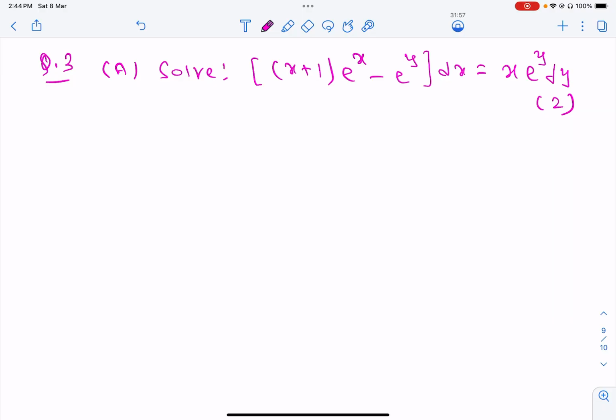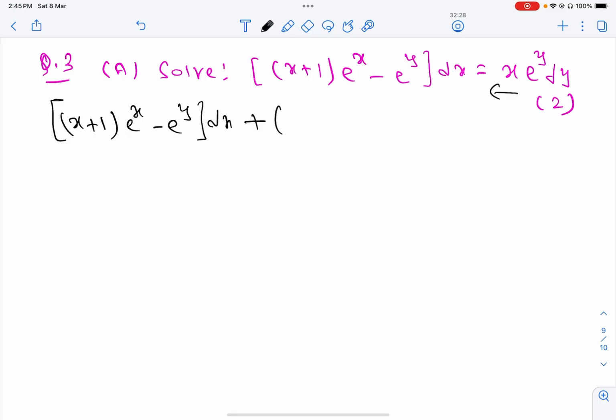So now this is an ordinary differential equation. So let us solve this. Here we have x plus 1 e power x minus e power y dx, then plus, let us take this part from the left side, so minus x e power y dy equal to 0.